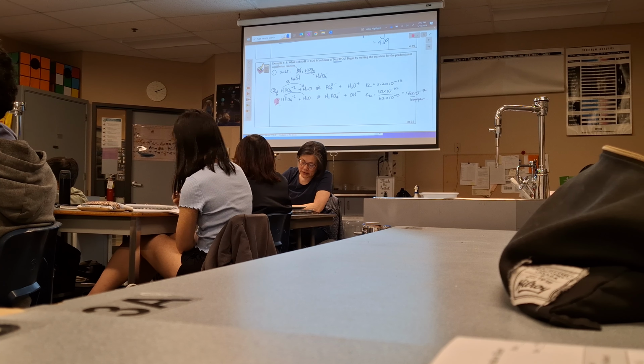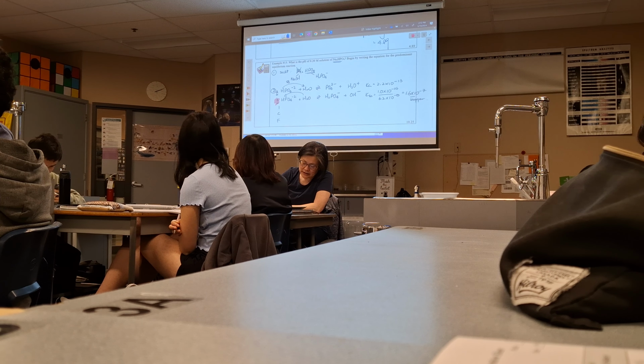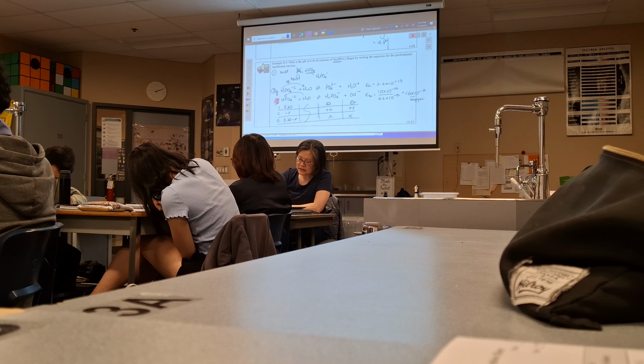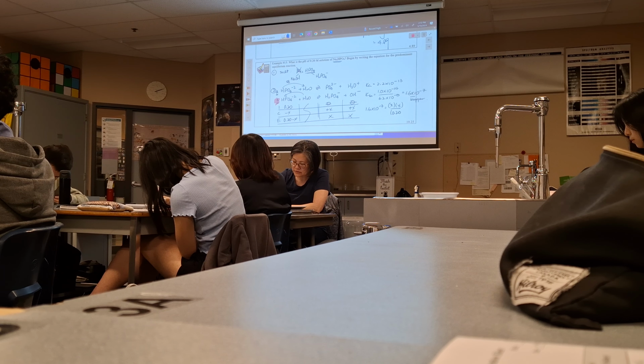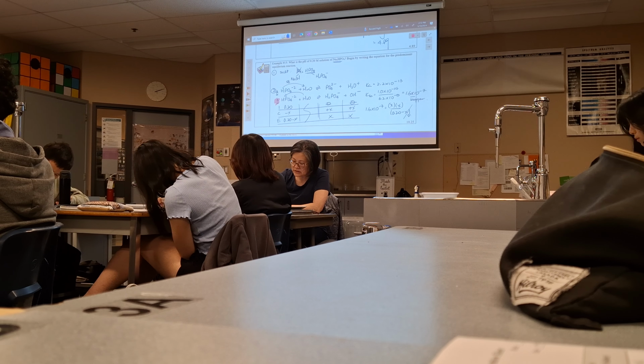So now what I'm going to do is I'm going to do my ICE. And now I'm going to have 0.20, 0 and 0, minus x plus x plus x, 0.20 minus x, x and x. So now I go 1.6 times 10 to the minus 7 is equal to x times x all over 0.20 minus x. So this is very small.